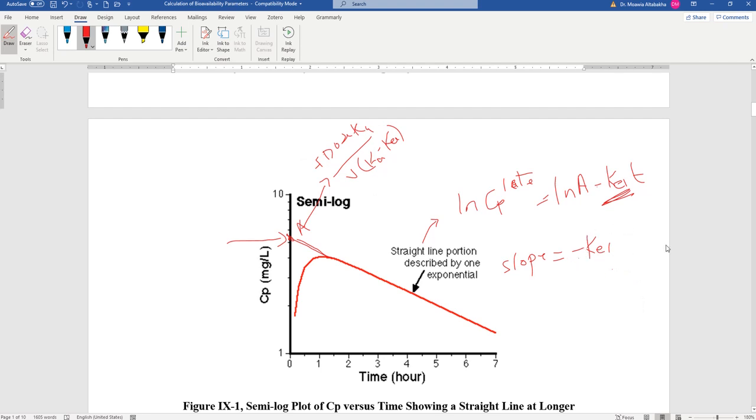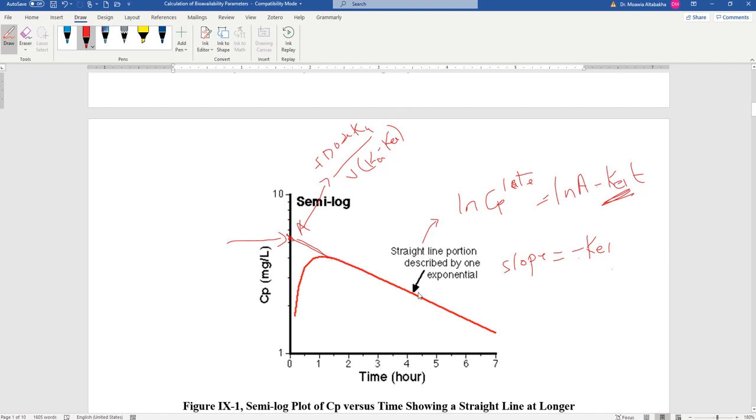So this is an advantage. If I ask you what the advantage of the feathering method, or residual method, or method of residuals is, one advantage is that we are able to calculate KEL. Okay, are we done? No, we are not done.